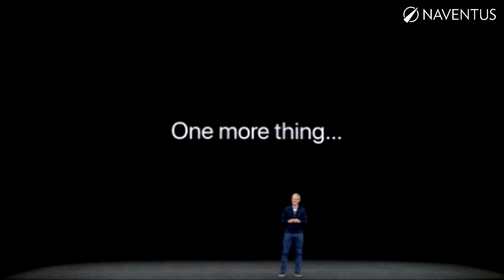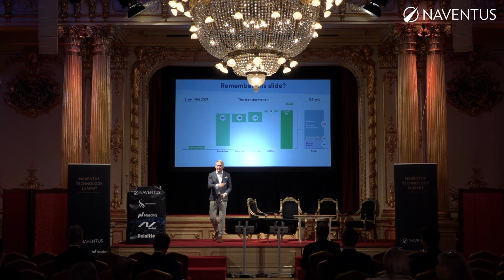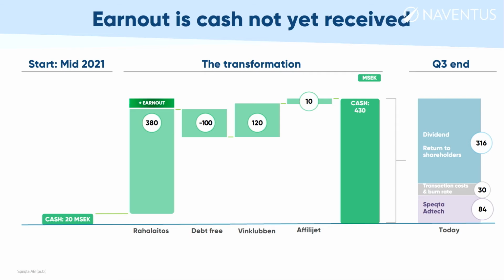One more thing before I leave you. Do you remember this slide? We talked about the cash position. We have one more thing. We have an earnout on the Rahalitos case. We've been driving Rahalitos business for over a year now to get more cash. It's a tilläggsköpeskilling, it's an earnout.